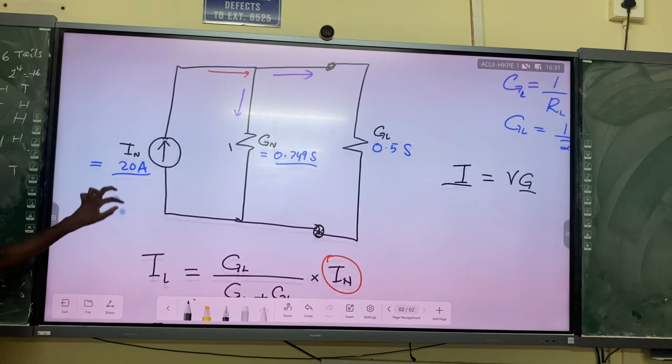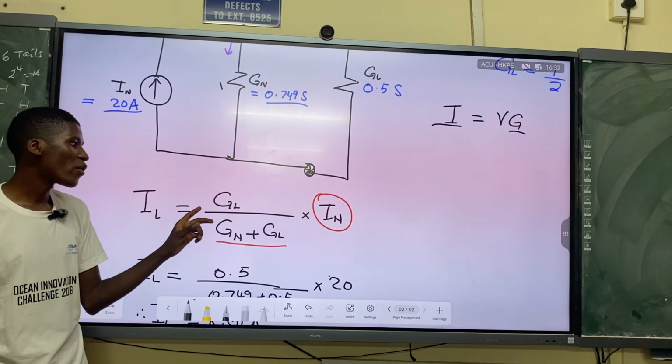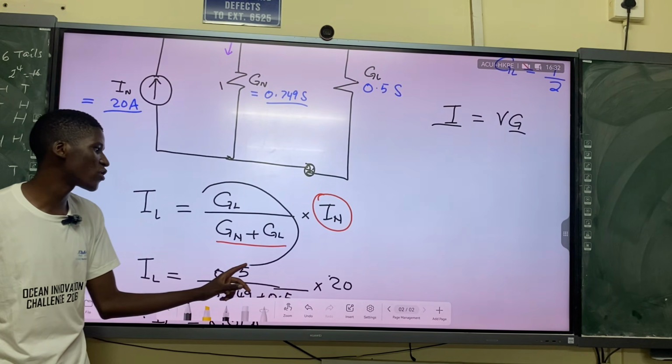That is why our formula says that this is our equivalent conductance.